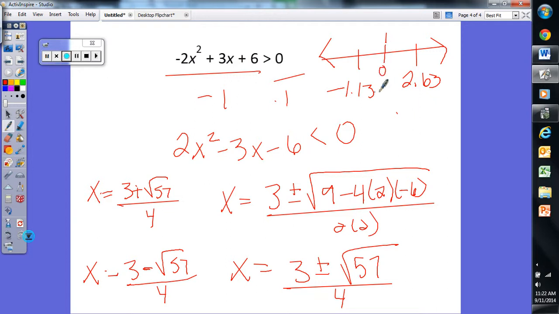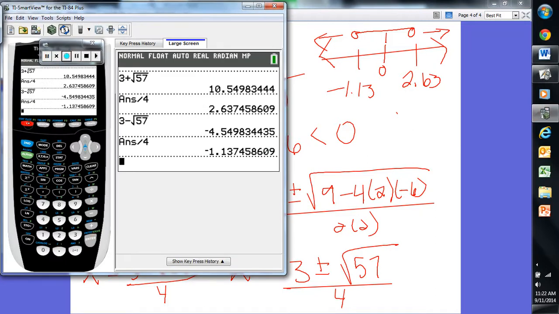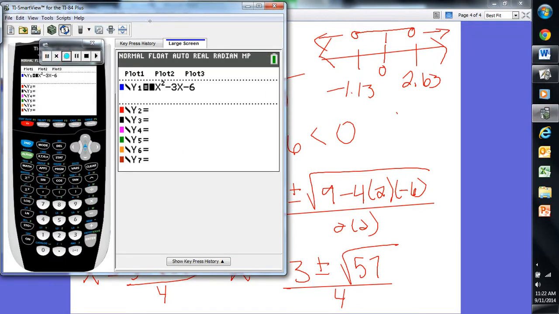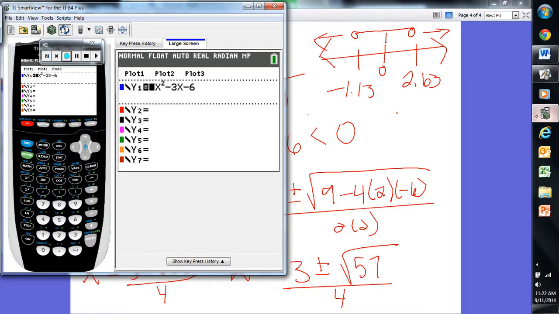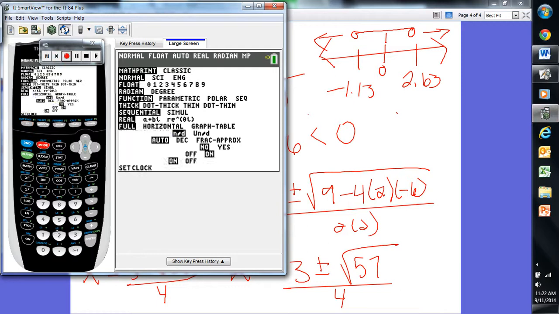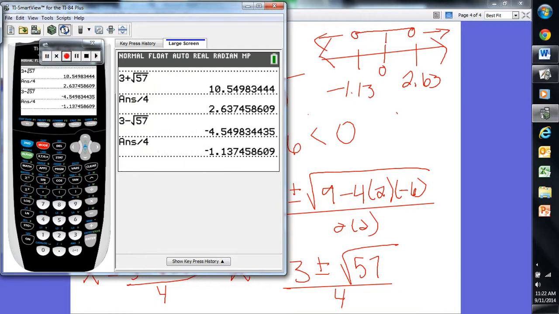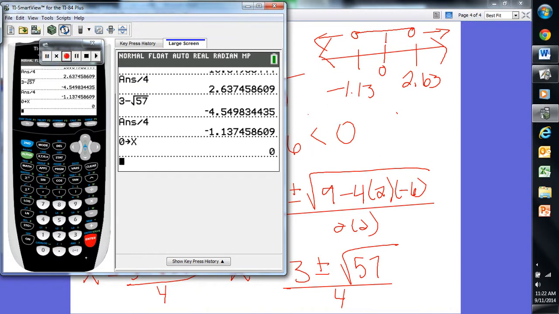So again, I'm just going to check one critical point. I'm just going to check 0. If 0 is true, then your answer is between here and here. If 0 is false, then your answer goes like that. So let's check 0. And remember, I put my function into y1, 2x squared minus 3x minus 6, right? So I'm going to check 0. 0, stow, x, enter.